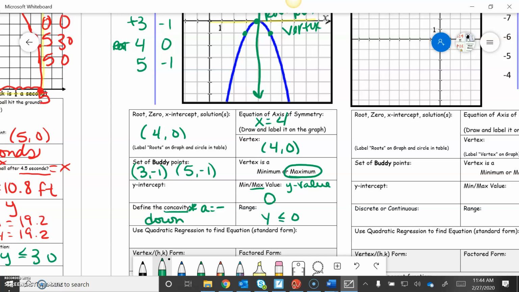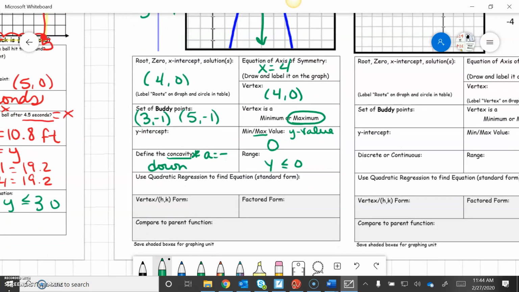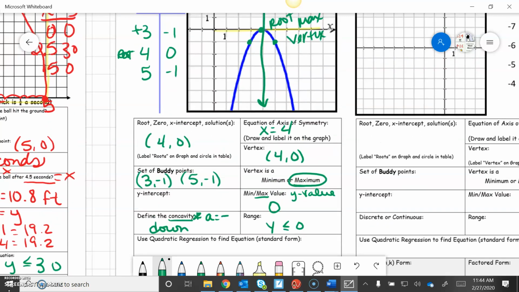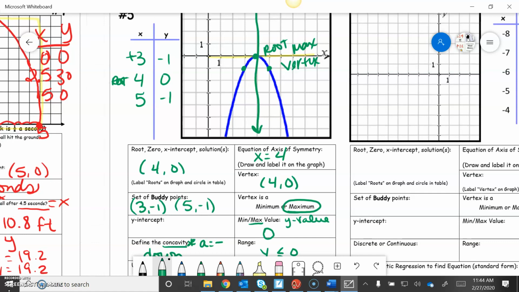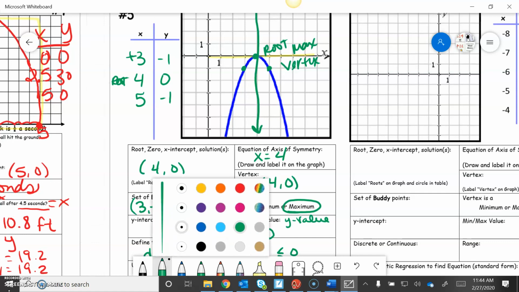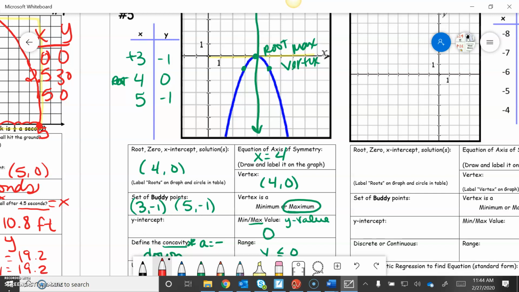And it does touch. So y is less than or equal to 0. So now we're going to look at our quadratic regression and vertex factored and in standard form. So we can very easily start with our vertex form because we have h, k. Now we talked about our parent function, which is always going to be over 1 up 1, over 1 up 1.